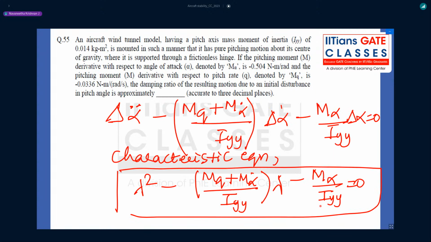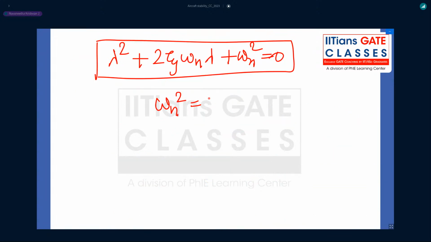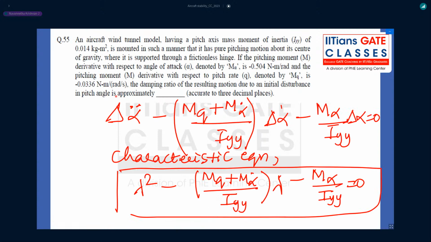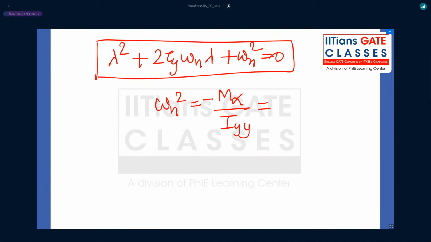minus m alpha divided by I double y, where m alpha is given as minus 0.504 Newton meter per radian.